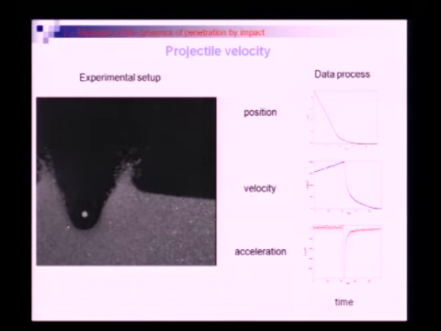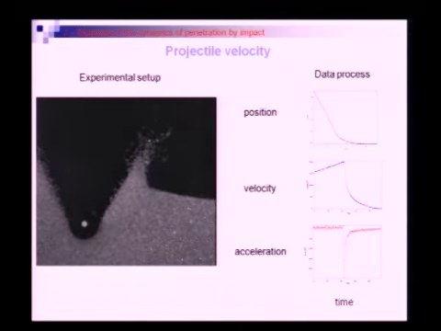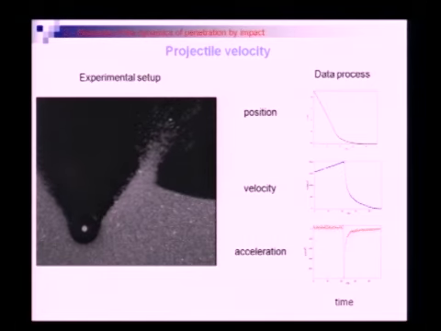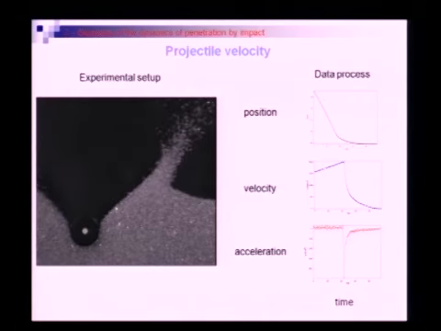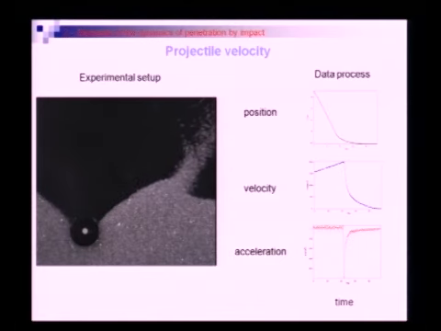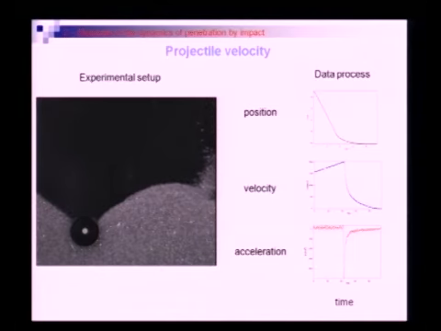So, this is the kind of movie we have. Here we've got our projectile, it impacts the granular medium, and I am able to measure the depth, the position of the projectile during time. By differentiating the position, I get the velocity, and by differentiating the velocity, I get the acceleration.